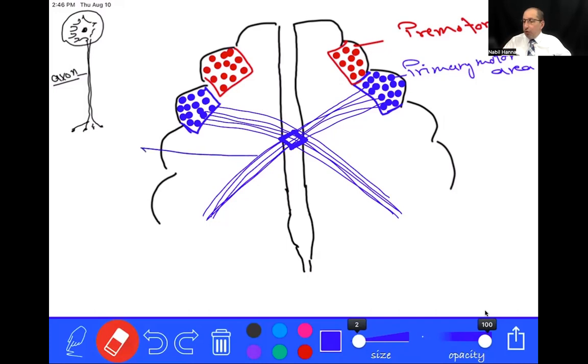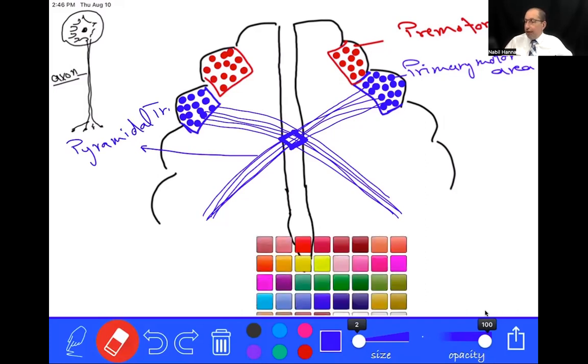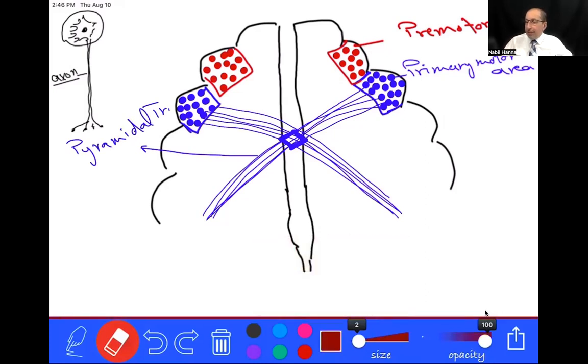Where do they go to? This is the pyramidal tract. These nerve fibers go to the muscles, to the skeletal muscles. So that's a skeletal muscle.